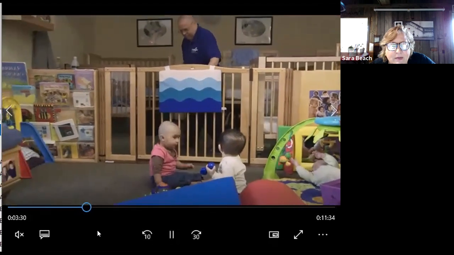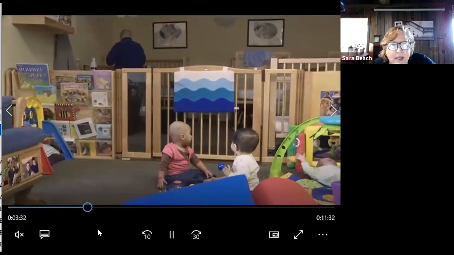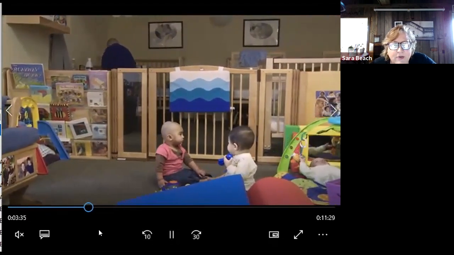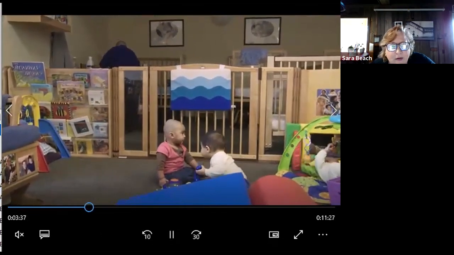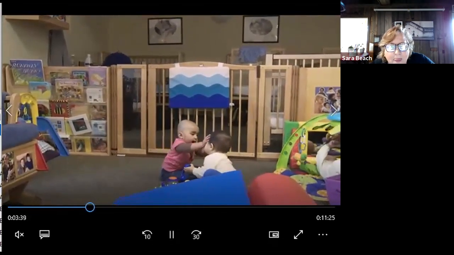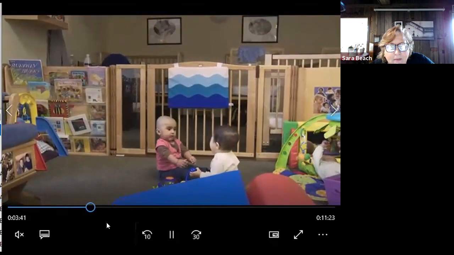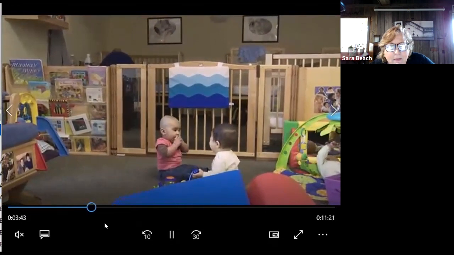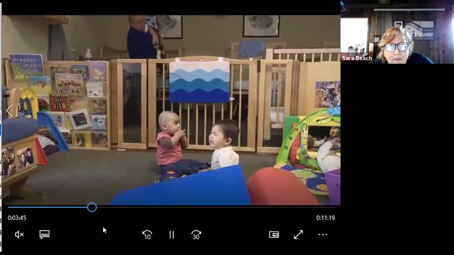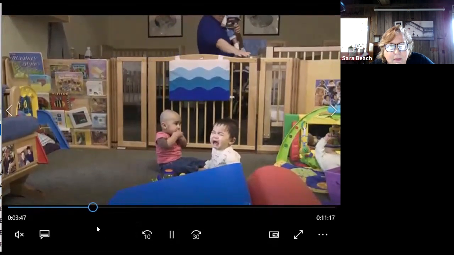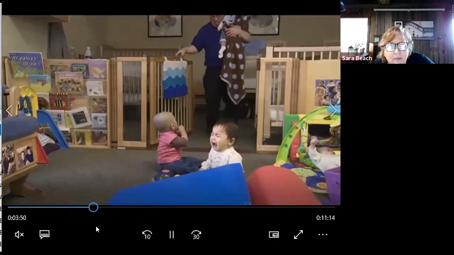Uh-oh, the baby in the other crib is crying. I'm going to go tend to that one. Now watch these other two on the floor for one more second here.